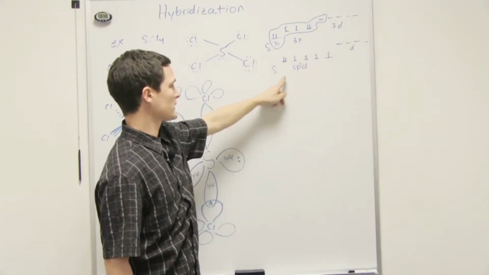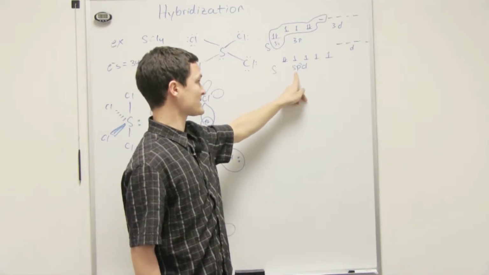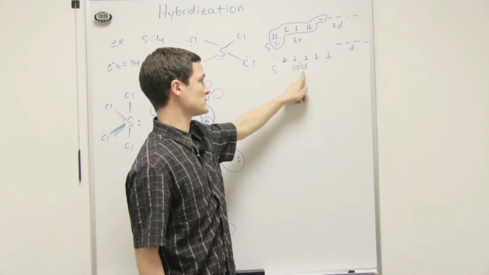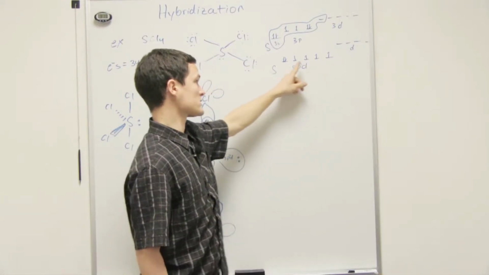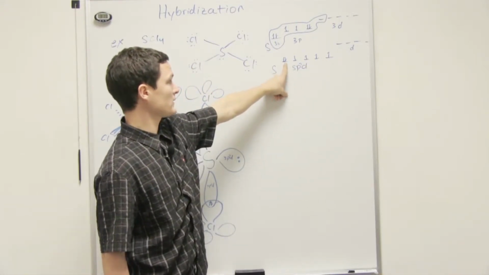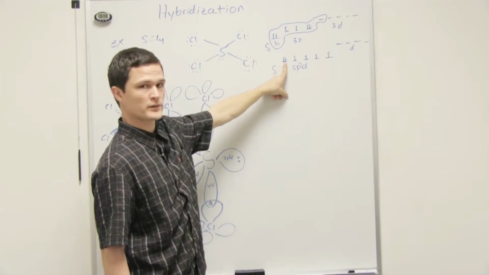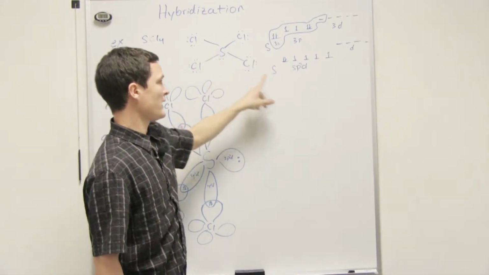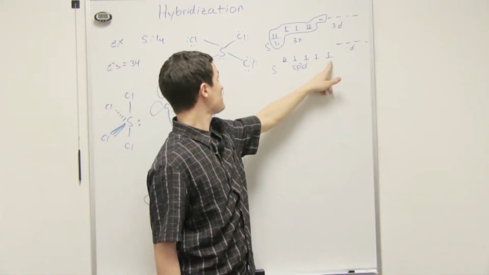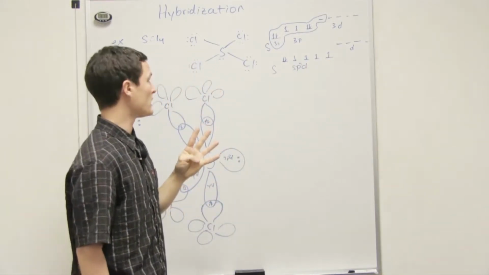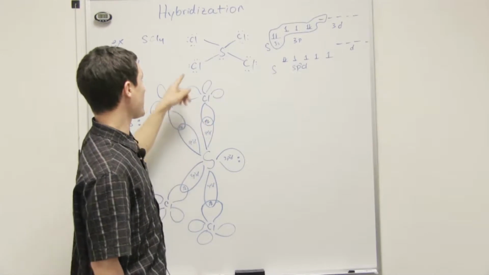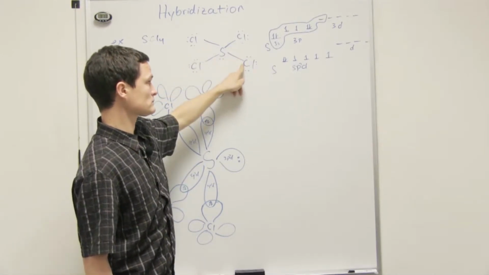When we do that, we get a sulfur that has an sp3d hybridization, and this should reflect what we see in the Lewis structure. We have a lone pair, which means that one of the orbitals is totally full already, and then we have 4 orbitals, which allows us to form 4 sigma bonds, which is what we have between the chlorines.